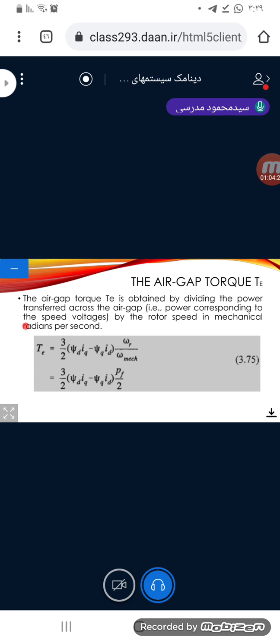So you see in this equation, it is equal to 3 per 2 parentheses psi d iq minus psi q id parentheses divided by omega r, multiplied by omega r divided by omega mechanical.